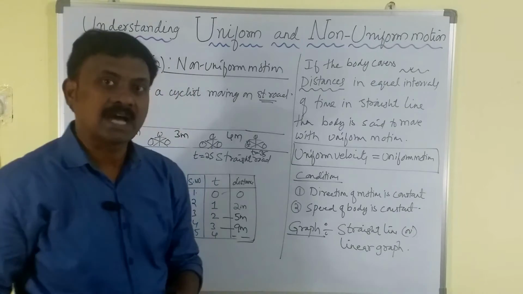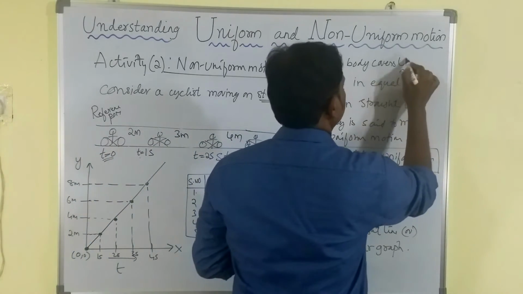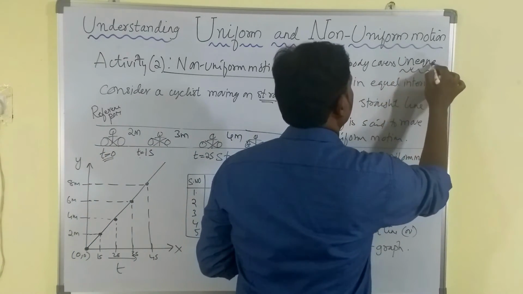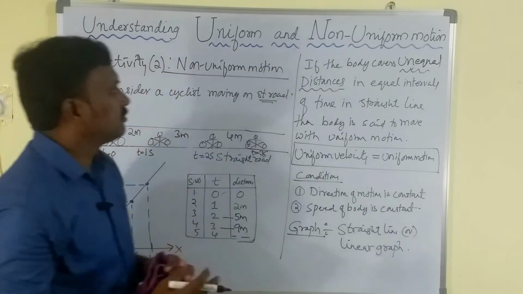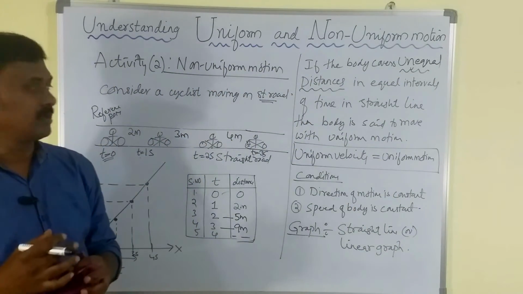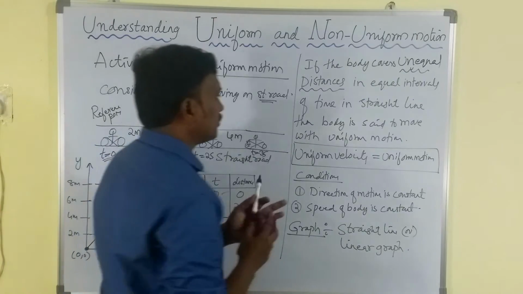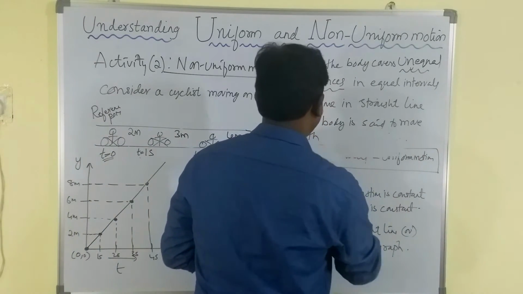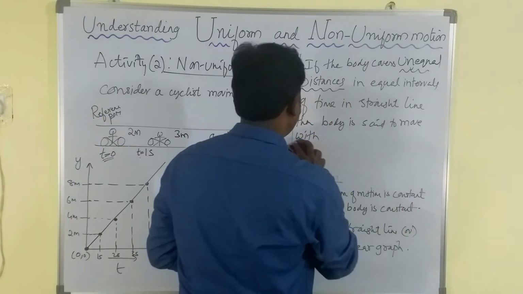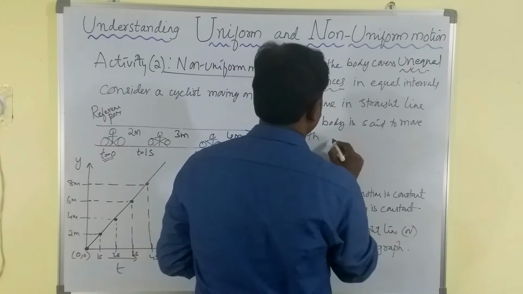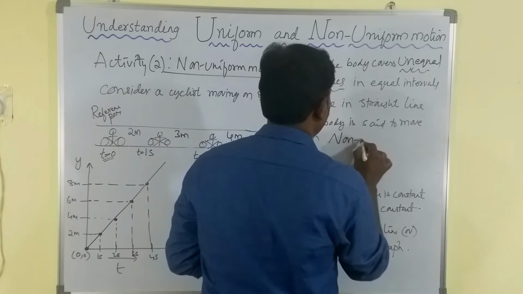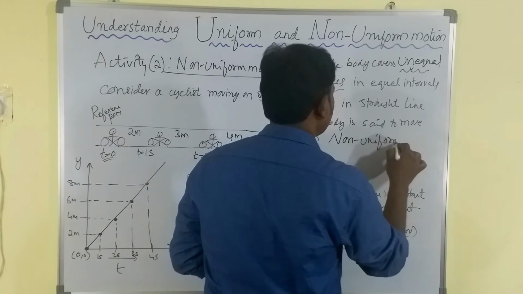If the body covers unequal distances in equal intervals of time in a straight line, the body is said to move with non-uniform motion.